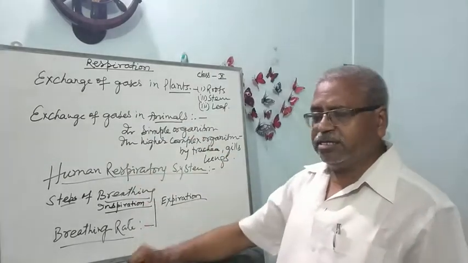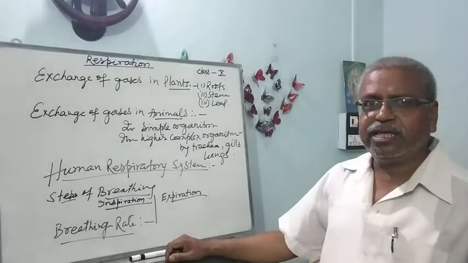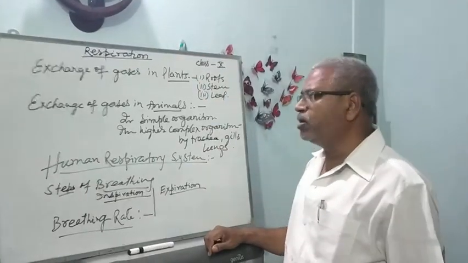The gases CO2 and O2 are exchanged in plants differently in different organs of the plant.